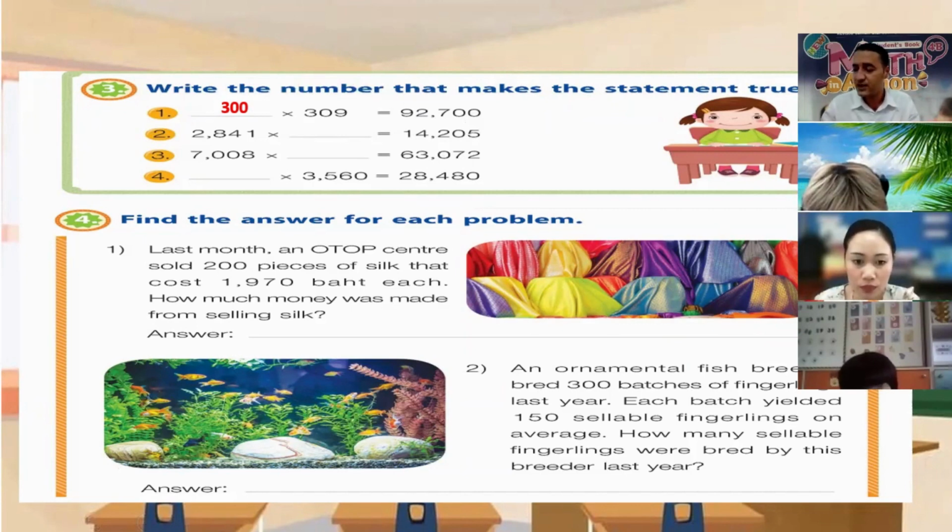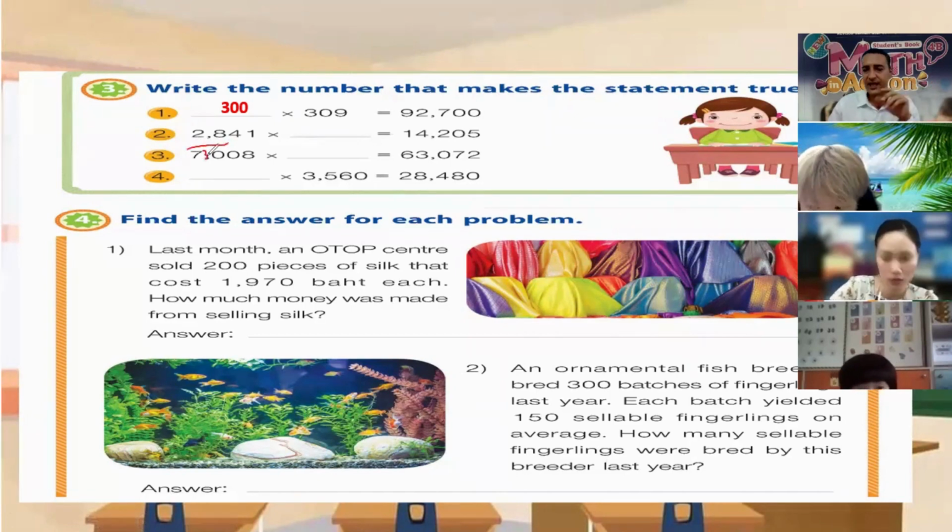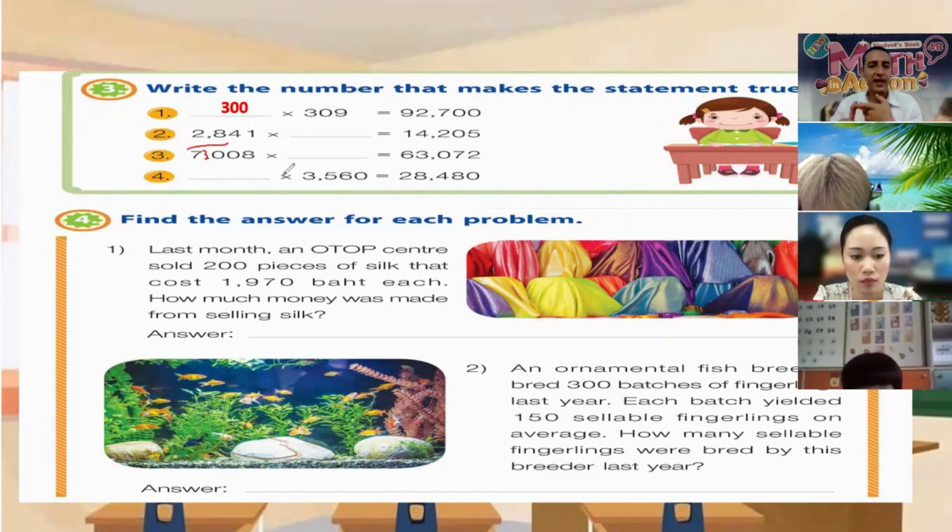Okay. Now, similar like that, question number 2, we have 2,841. And the product we have given to us, that one is 14,205. So what will be the multiplier? So we can just calculate roughly. For example, let's make 2,800 consider it like a 3,000, just imaginary.